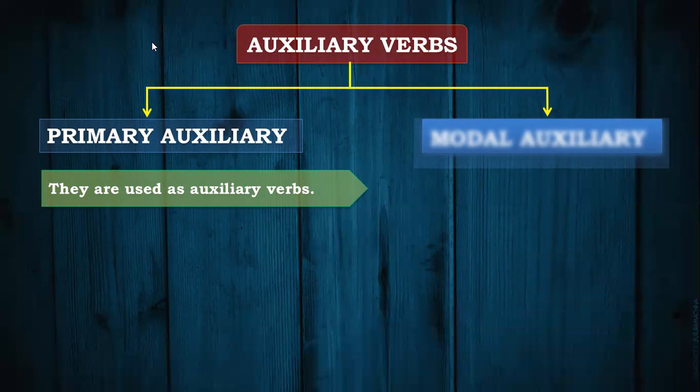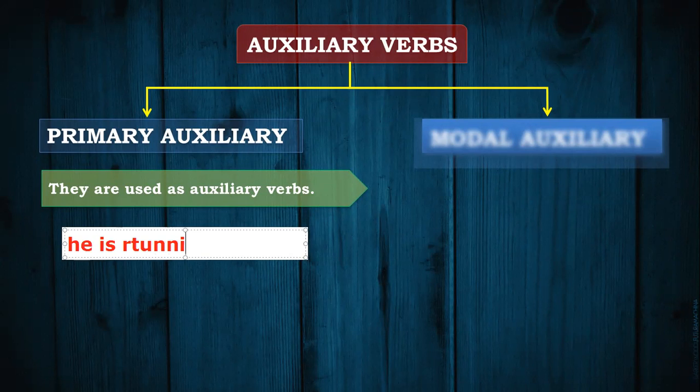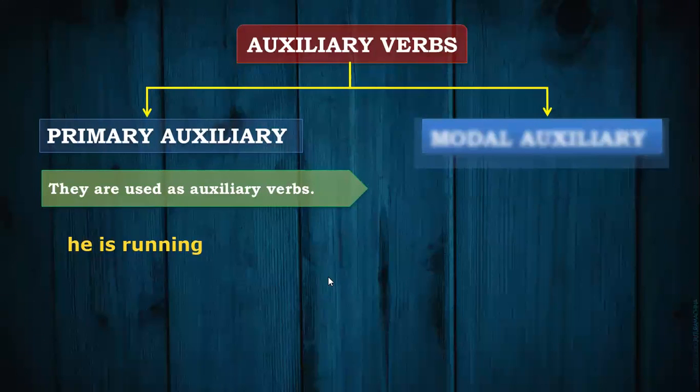Let's take an example. He is running. In this case, we have two verbs, is and running.